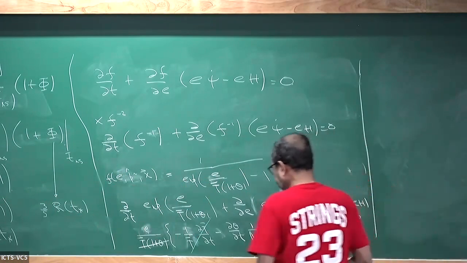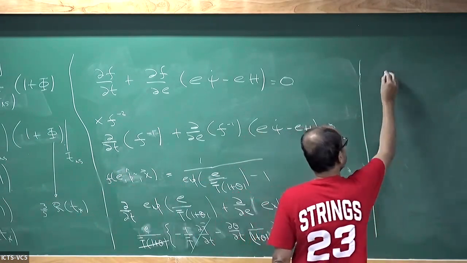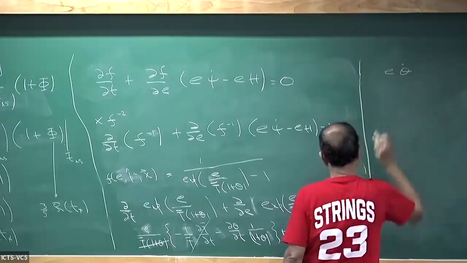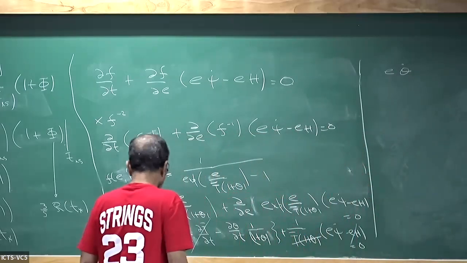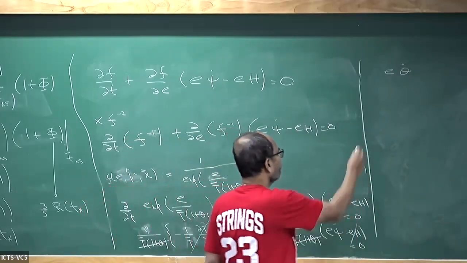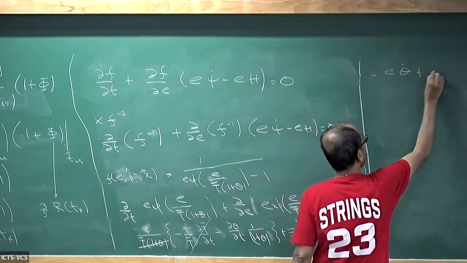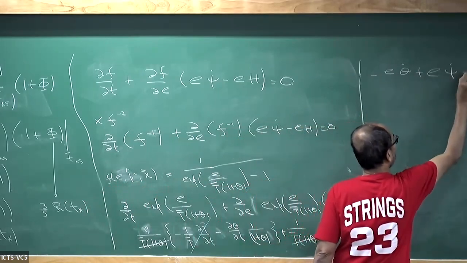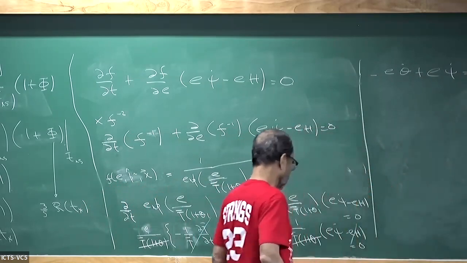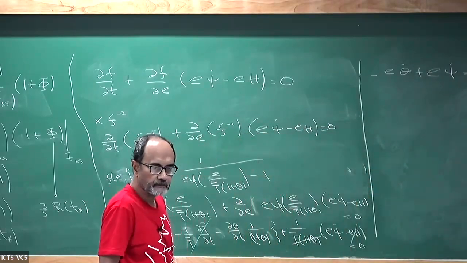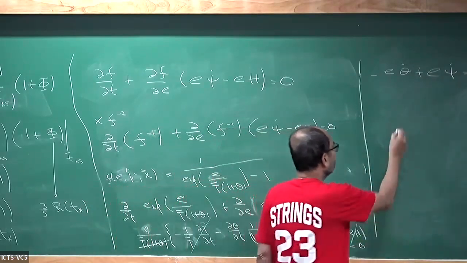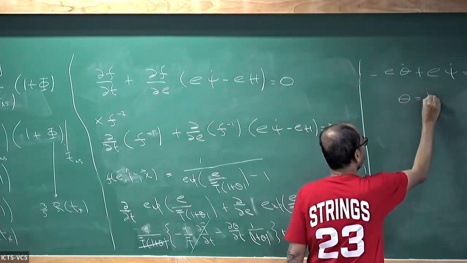So we get E theta dot minus E theta dot plus E psi dot equal to 0. Right? So theta equal to psi plus constant.